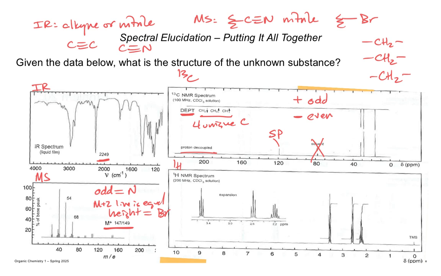So let's do that, and then we'll look at the proton NMR just to verify how the signals look. So we have N triple bond C, CH2, CH2, CH2, and then bromine.